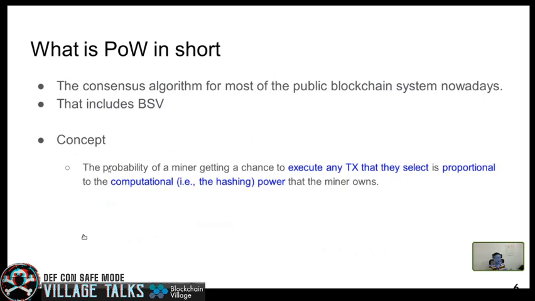The concept is that the probability of a miner having the chance to include any transaction they select is proportional to the computational power the miner owns. This is the easiest way to understand the concept.